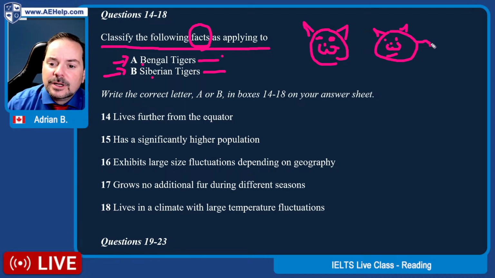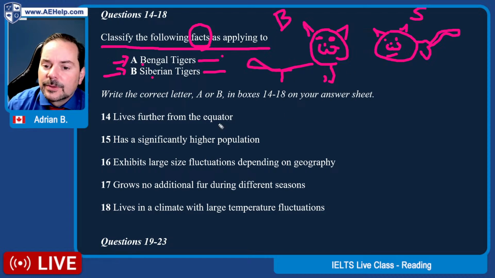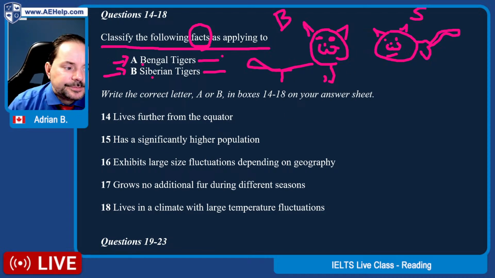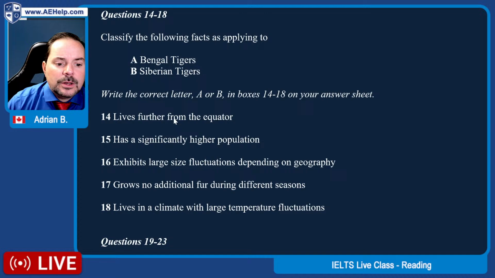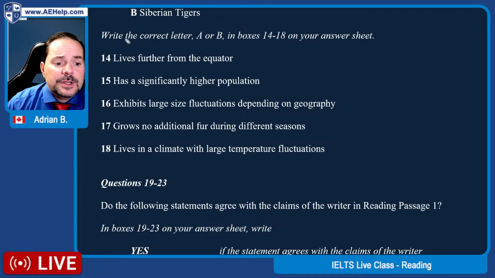So there's my little tiger. Let's give it a long tail. And there's two types. Okay, so immediately I visualize these two types, the Bengal and the Siberian. All right. Okay, there we go. Okay, here we go. And then read the questions.